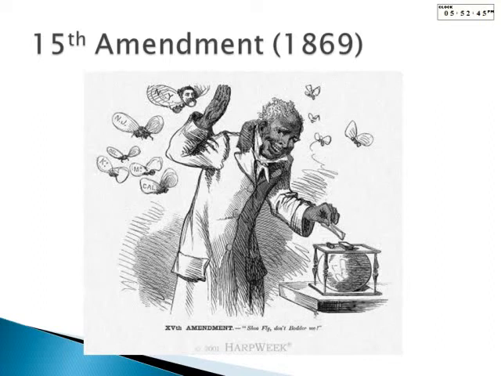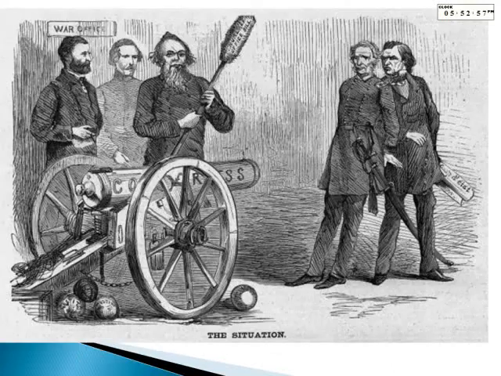Like who, at that time period? Like women. Women are citizens, but they don't have the right to vote. So shouldn't women have the right to vote with the 15th Amendment? Nope. Men. You shall not be denied the right to vote based on race, creed, ethnicity, previous condition of servitude.